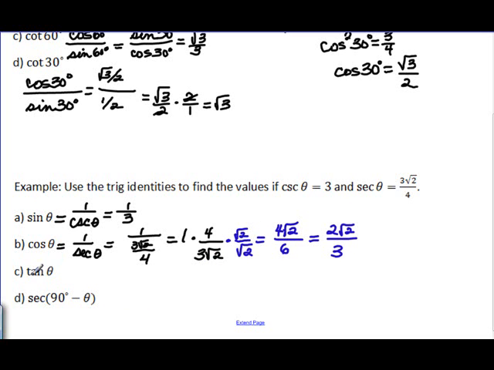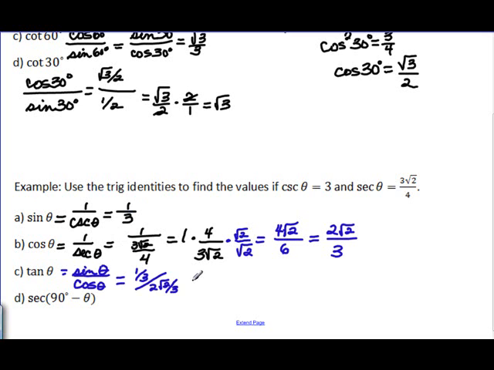Now, what is tangent of theta? Tangent of theta would be sine of theta over cosine theta, right? So, sine is 1 over 3 divided by 2 on the square root of 2 over 3.